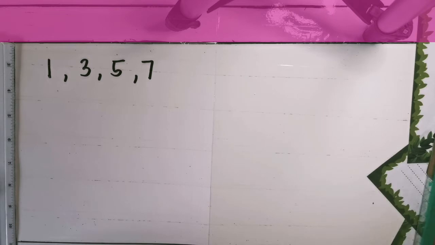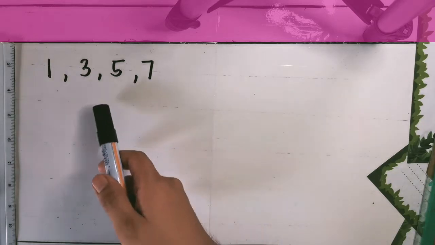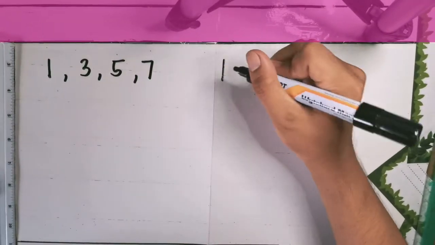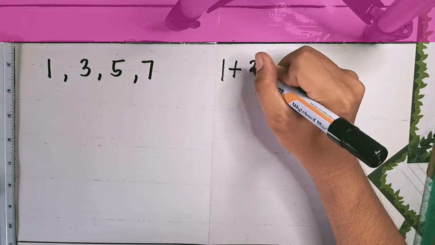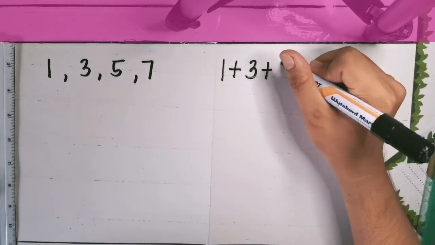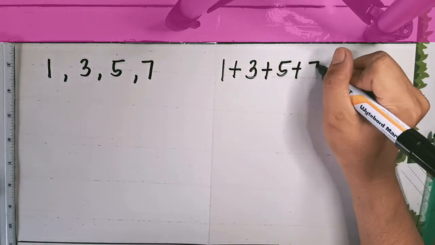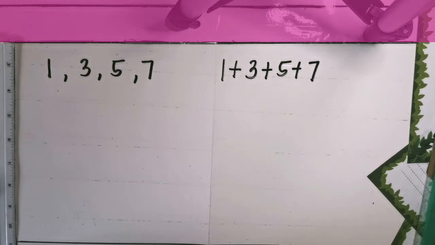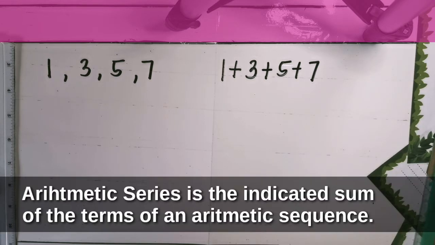Kung ito ay tumutukoy sa sum ng mga terms ng isang sequence, we can illustrate that using this sequence as 1 plus 3 plus 5 plus 7. Sa Tagalog, ang series ay pinagsama-samang terms ng isang sequence. Kapag naman arithmetic series ang pinag-uusapan, it is the indicated sum of the terms of an arithmetic sequence.